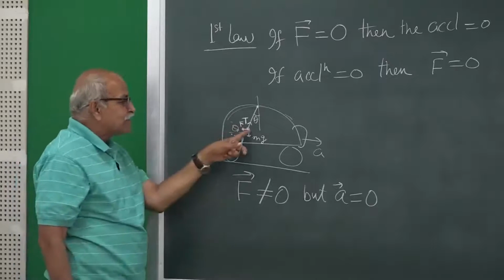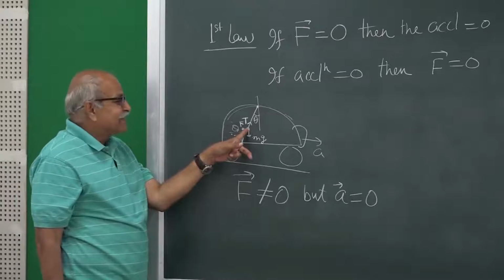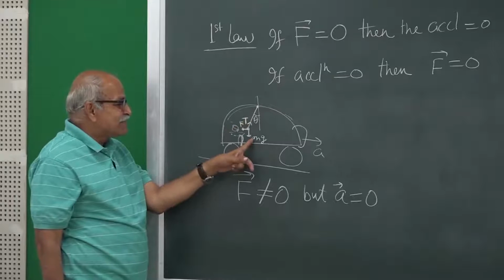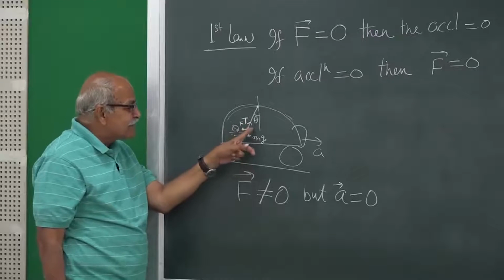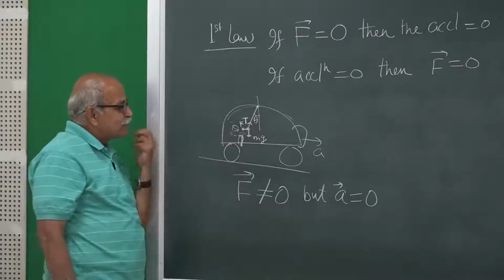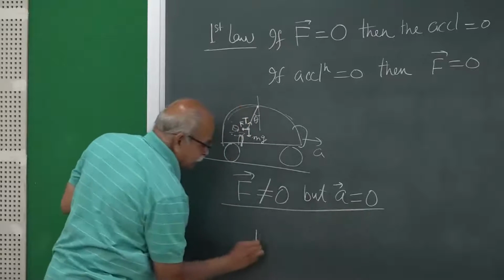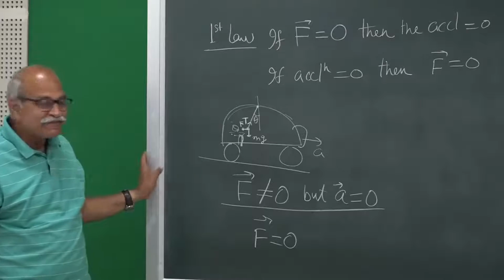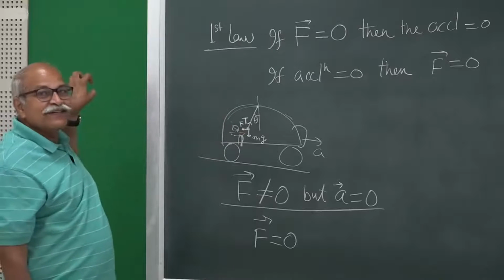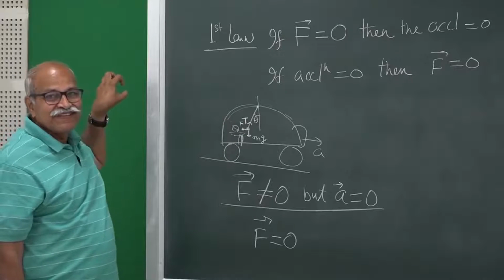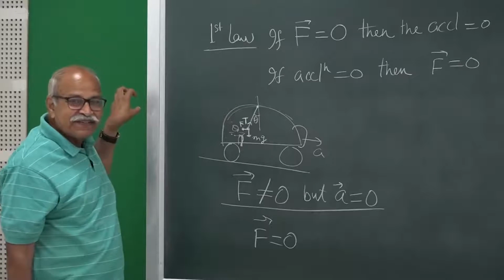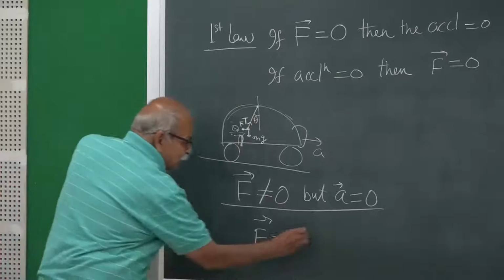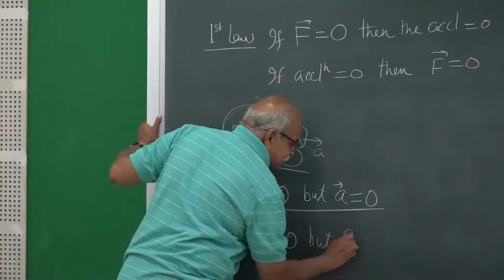Why? I want to make the total force 0, because this tension and this mg are giving me some resultant. What will happen? This bob will be accelerated towards me. If I pull it, the bob will be accelerated towards me. So F is 0, but a is not 0.